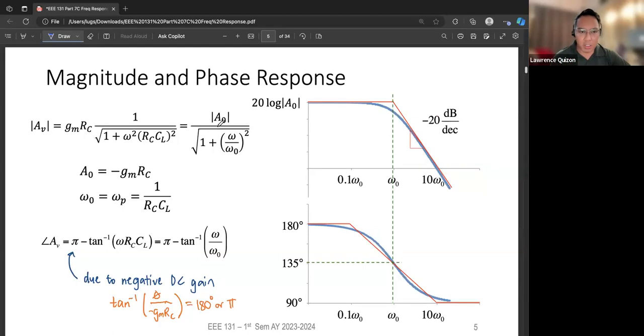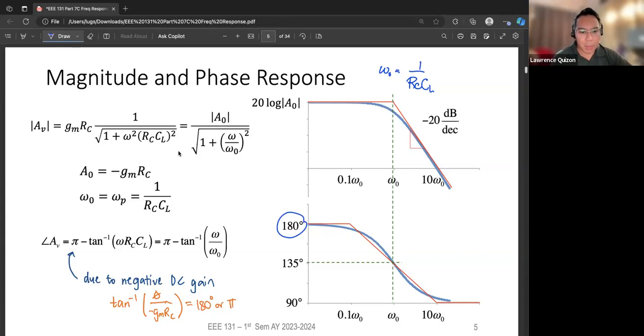The magnitude response of our voltage gain now has an omega naught, which is the pole frequency that we were expecting, which is 1 over R_C C_L. And the phase response is also a single pole phase response. The only notable thing here is that it starts at 180 degrees instead of 0 degrees.